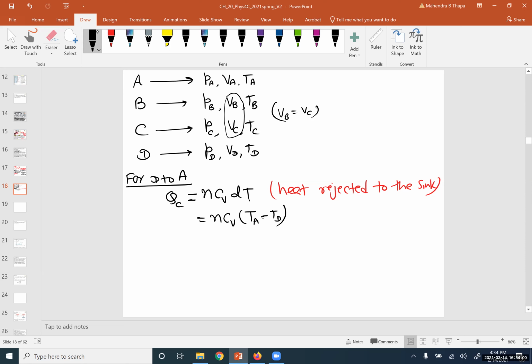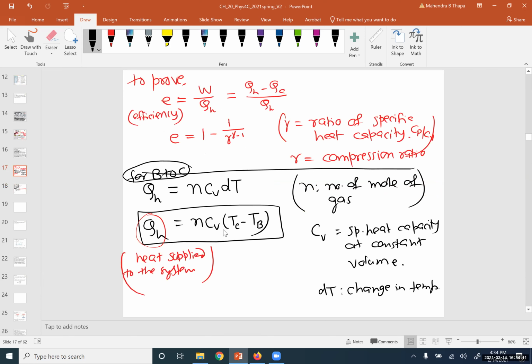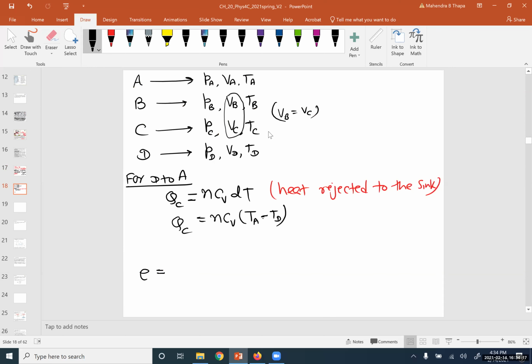Now we can plug those values. We have QC and QH, so I'm going to plug them in. Our efficiency E will be QH minus QC over QH.